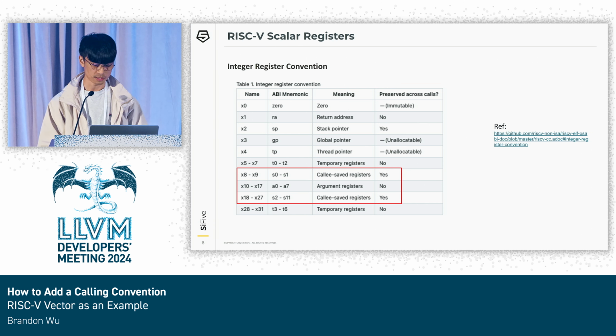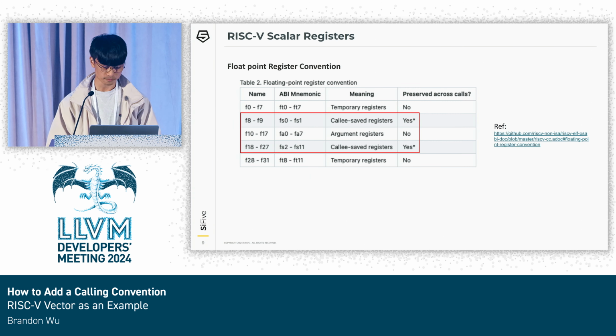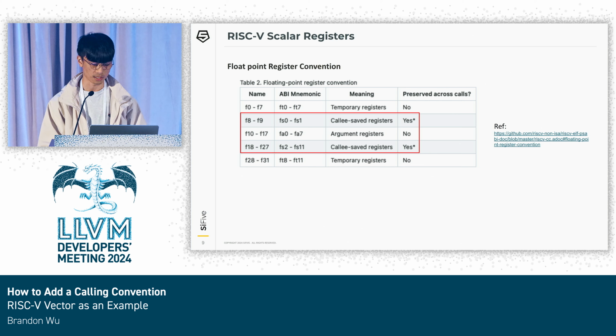We also have aliases for each register to make it easier for users to identify their purpose. And the registers in the red box are what we are focused on in today's talk, which are argument registers and callee saved registers. So there are also 32 floating point registers. 12 of them are callee saved registers and 8 of them are argument registers.